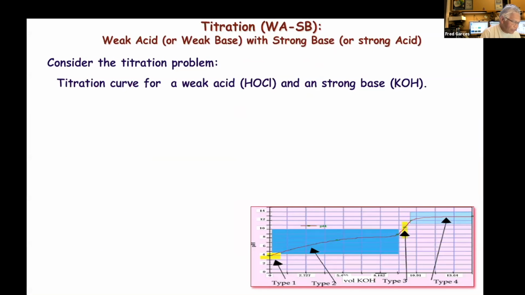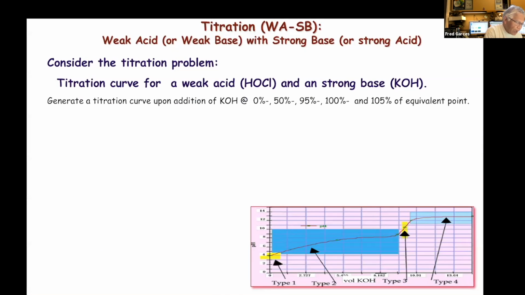So this problem right here is a titration where I have potassium hydroxide as my titrant, and hypochlorous acid, HOCl, which is a weak acid, okay? Suppose I trick you. Not that I would, but if I did, and I made this HClO3, guess what that is?